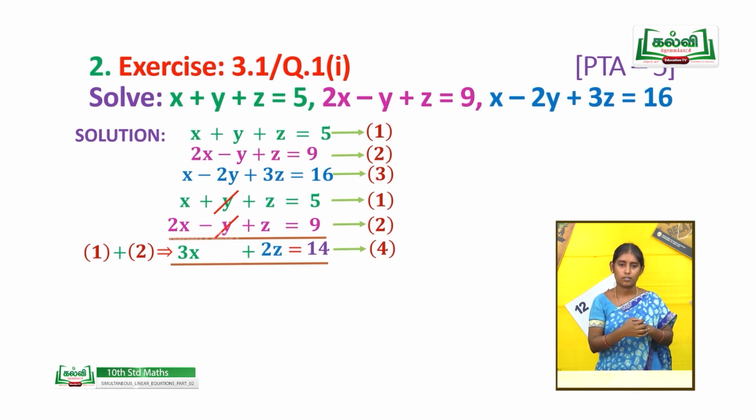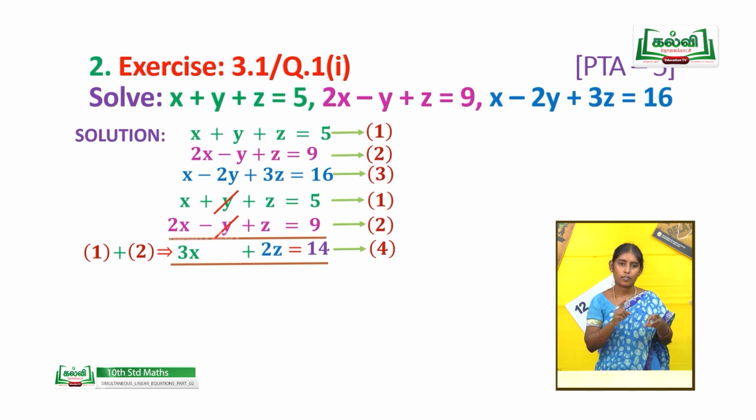Again we have to make an equation containing the variables x and z alone. So again we have to cancel the y. So we should select another 2 equations, either 1 and 3 or 2 and 3, and try to cancel the y.